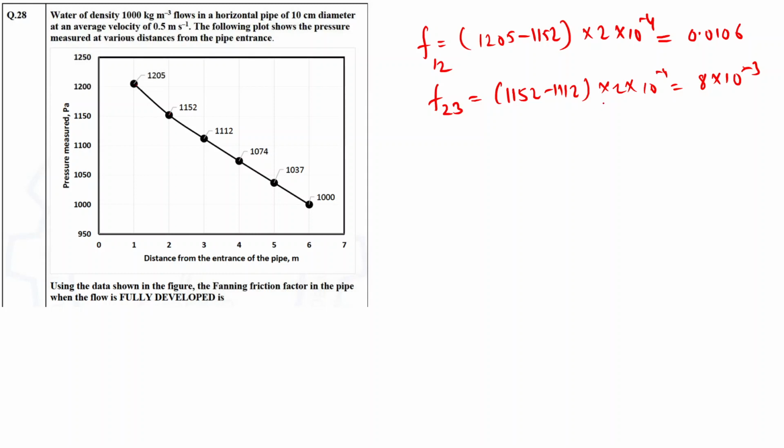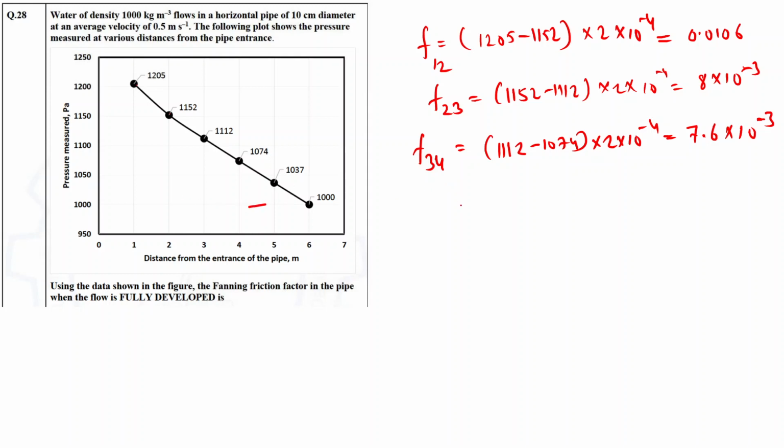So now we will repeat the same exercise for the other sections. That is, we can find F34. So F34 will be 1112 minus 1074. That is 38, since 1112 minus 1074 is not 36 but 38, into 2 into 10 raised to minus 4, which is 7.6 into 10 raised to minus 3.